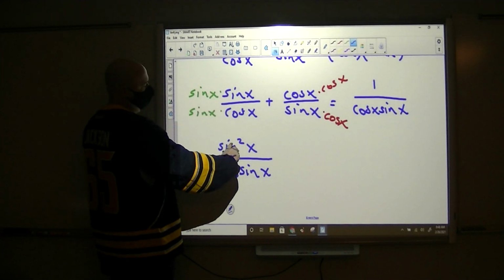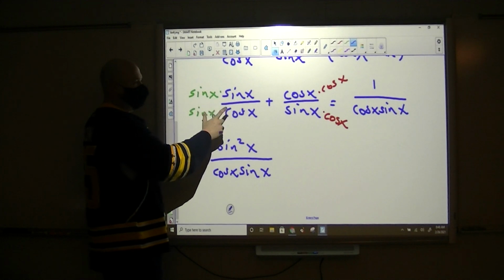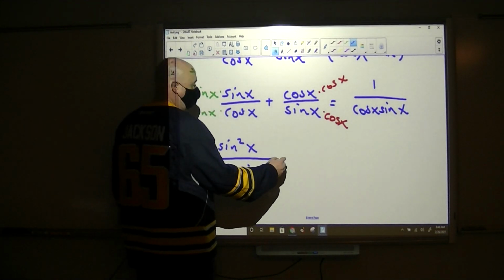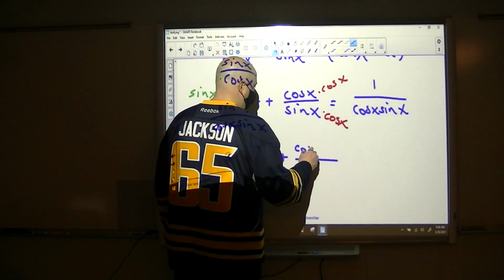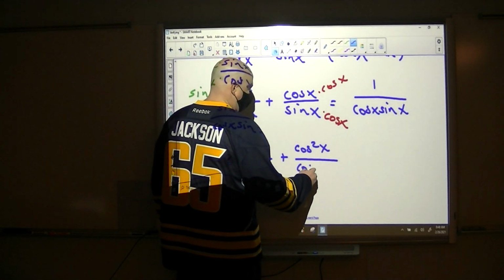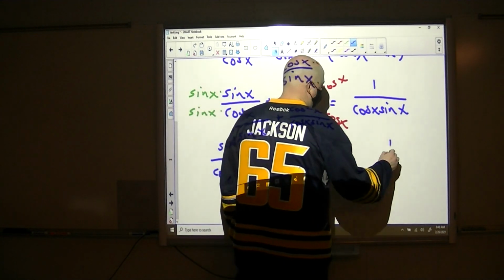Sine squared, cosine sine. I wrote it like cosine sine because multiplication is commutative. Doesn't matter how we write it, really. What about this second fraction? We get cosine squared x, and then down here, cosine x sine x. And then over here, we have this guy.